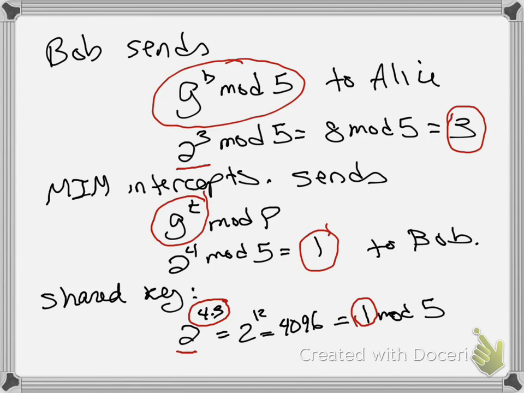Now, of course, it's just a coincidence that we got the same shared key for both Bob and Alice, and that's because the numbers are so small that some of the numbers will repeat. But in general, the number that will be sent to Bob and the number that's sent to Alice will be different.